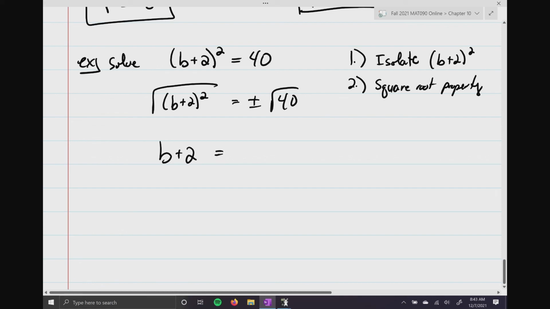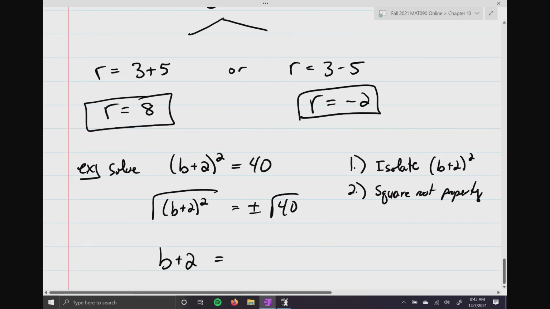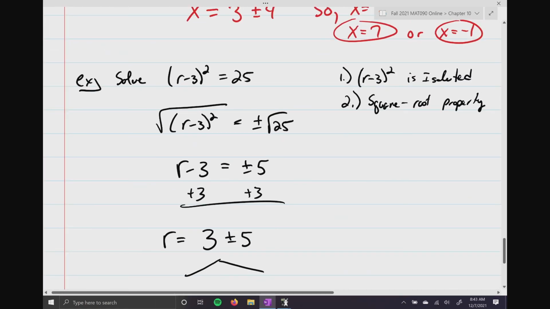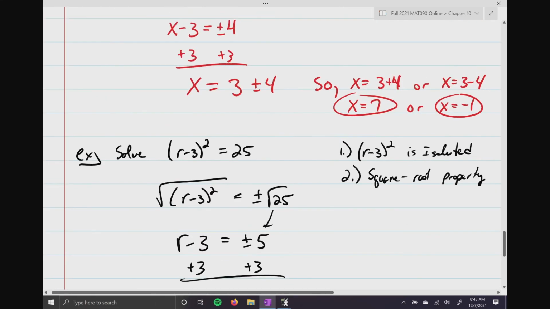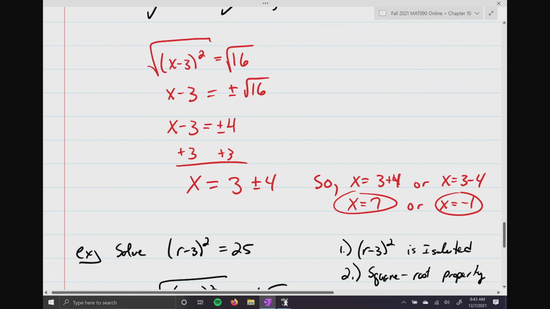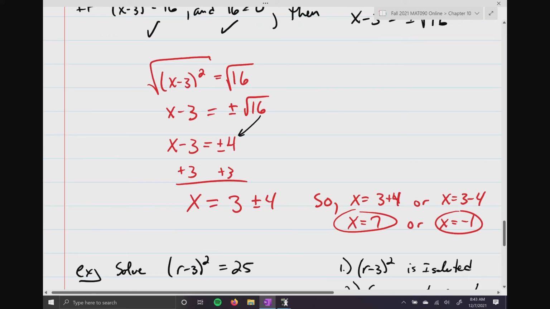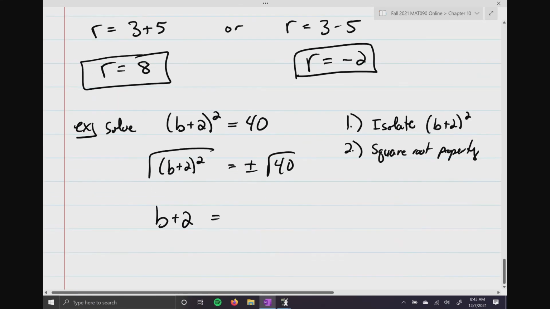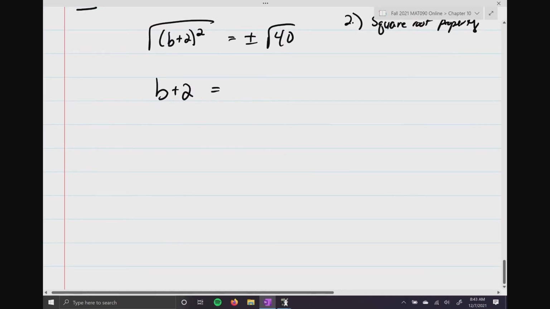I'm going to scroll up real quick. Notice that when we did this, the square root of 25 was 5. That's nice. In this problem, the square root of 16 was 4. That's nice. Here we have a situation where we have plus or minus the square root of 40, and that's not nice, because we have to simplify this. So we get 2 square roots of 10.